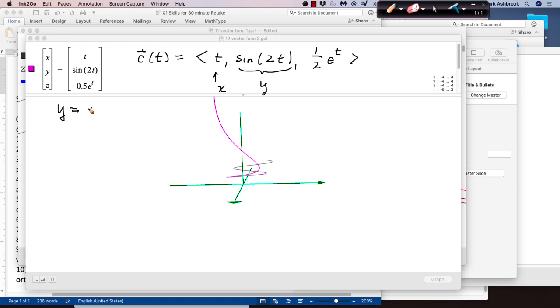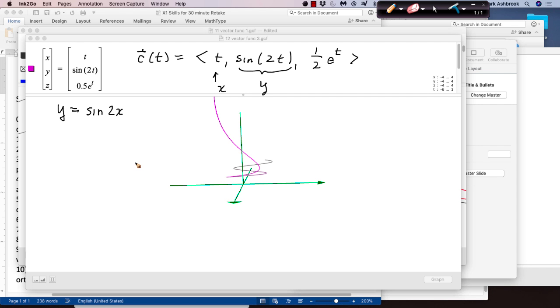Sine of 2x. So y equals sine 2x is part of the information of this vector function. It leaves out z, but y equals sine 2x is a relationship that's true about this vector function.